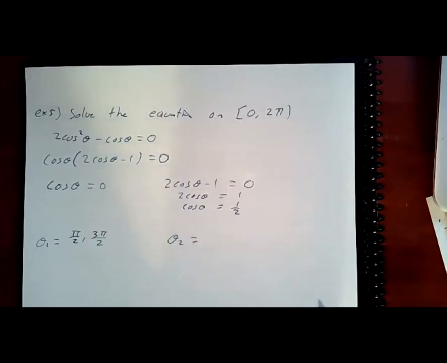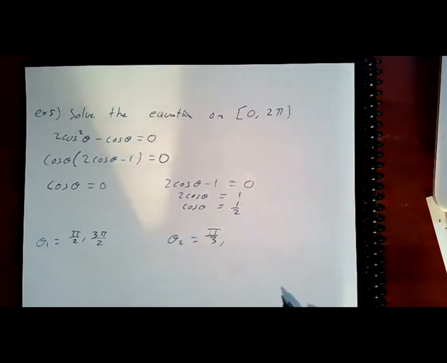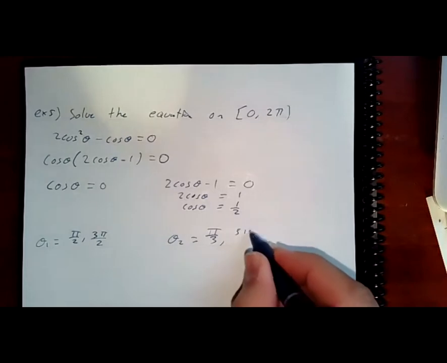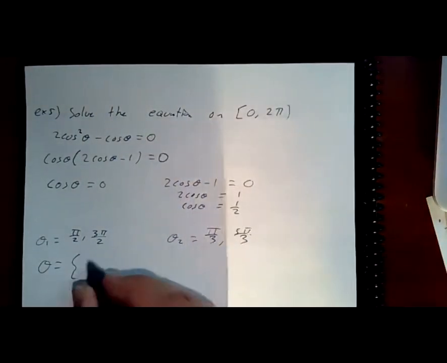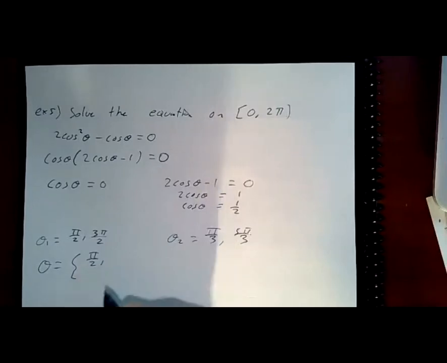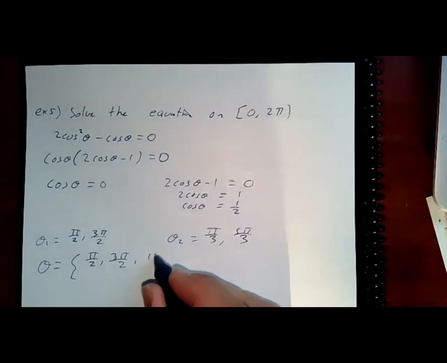We have pi over 3 and 5 pi over 3. So here's our solution set: theta is equal to pi over 2, and so on. This is what you would put in the homework with commas.